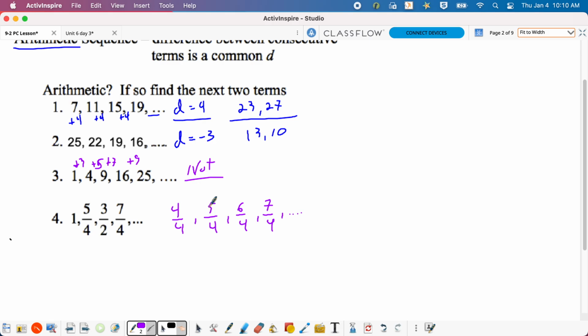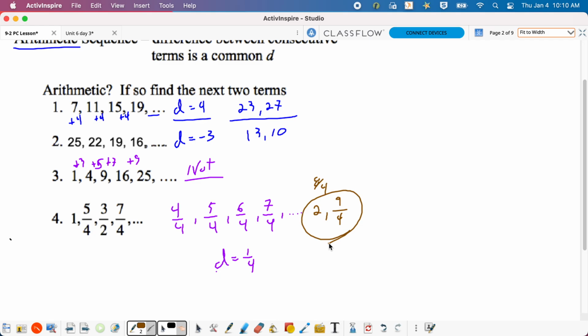So now as I look at it, it makes a little more sense to me. And what I'm adding each time to go from one term to the next is 1/4. All right, so I'm going to keep doing that. I'm going to add 1/4 and get 8/4, which is 2, and add another 1/4 and get 9/4.